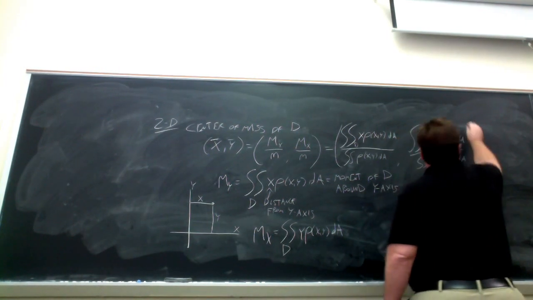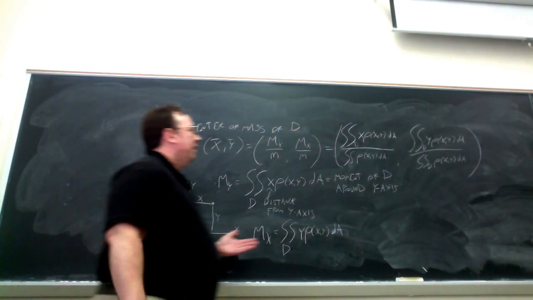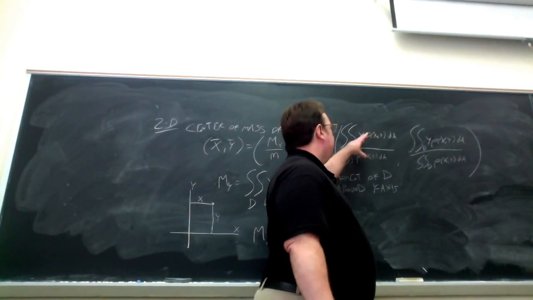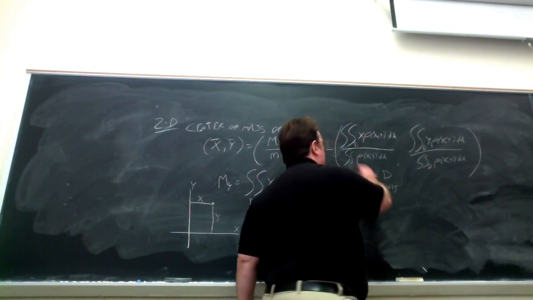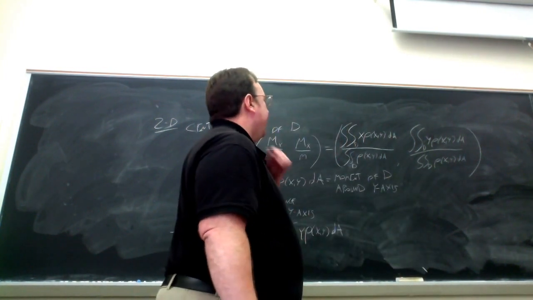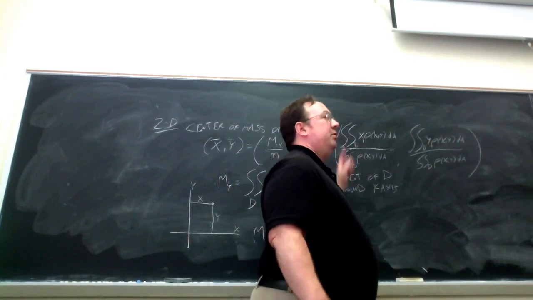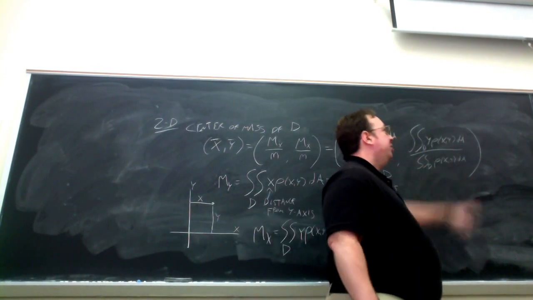Okay. So if the density was constant, I could pull these densities out and it would cancel. And then down below, all you would have is the area of D. So in effect, this would amount to the average x coordinate of all points in D. And this would be the average y coordinate.